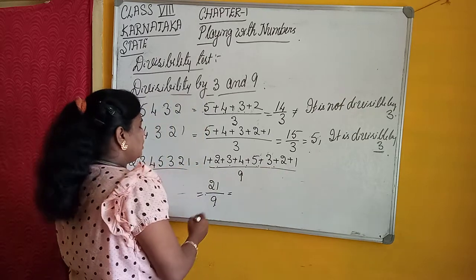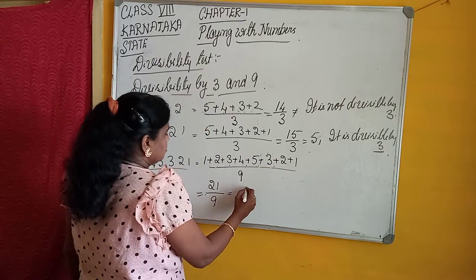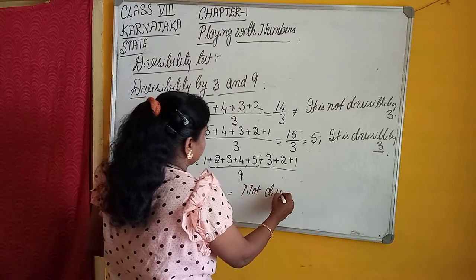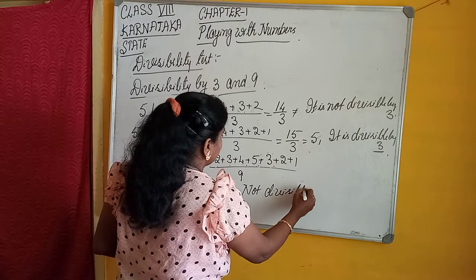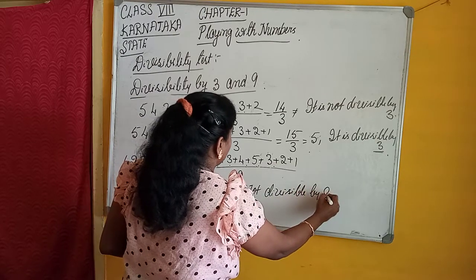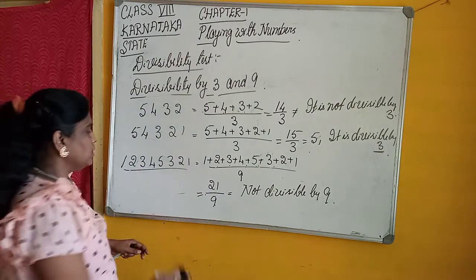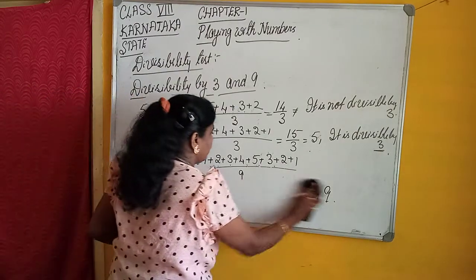Is it divisible by 9 or not? No, it is not divisible by 9. Let us take one more example to get a number divisible by 9.